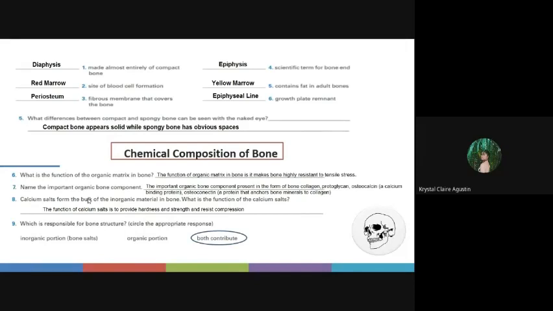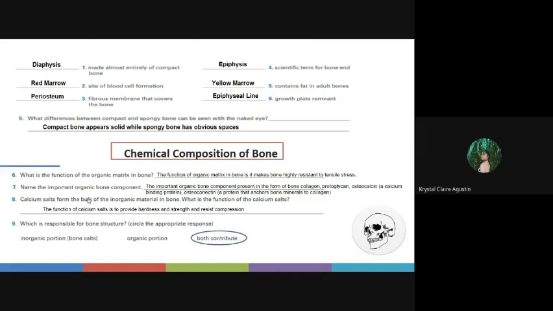So here, number 1 of the worksheet: it is made almost entirely of compact bone. It is the diaphysis. Number 2, it is the site of blood cell formation. So it is the red marrow.